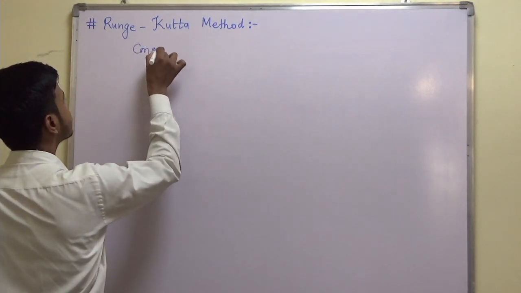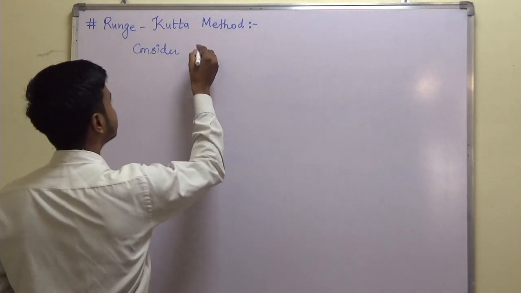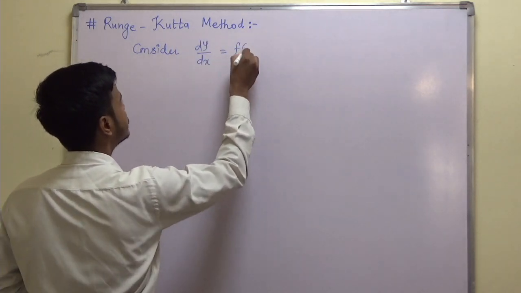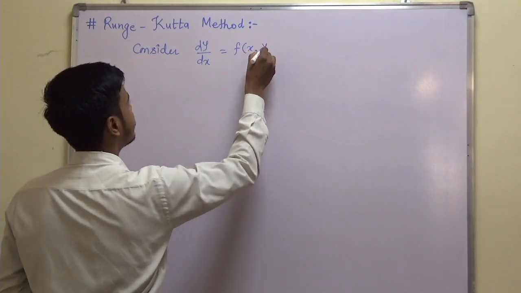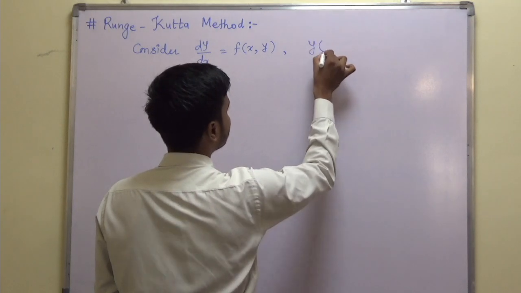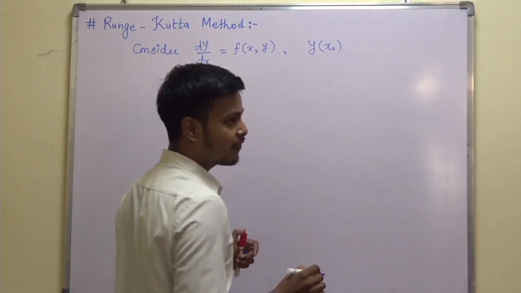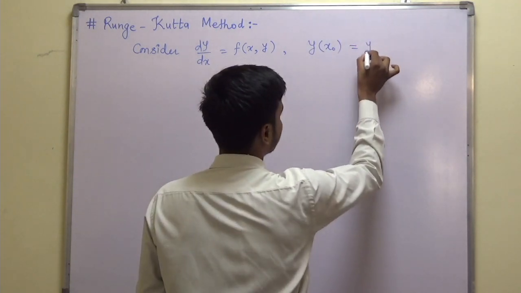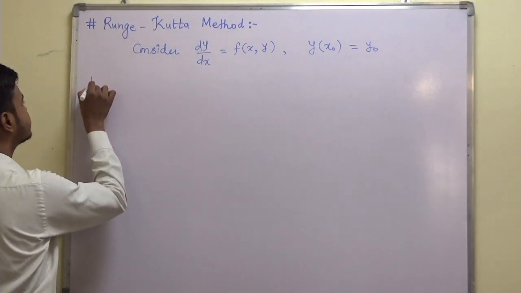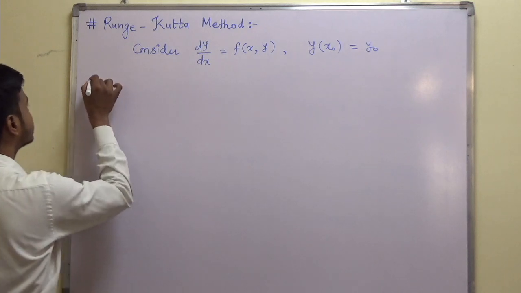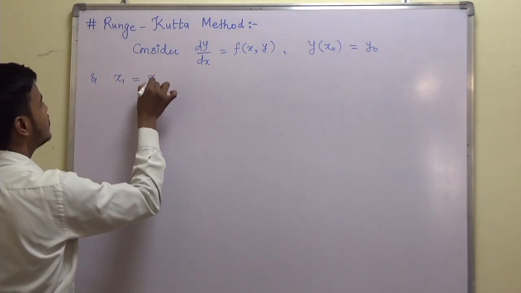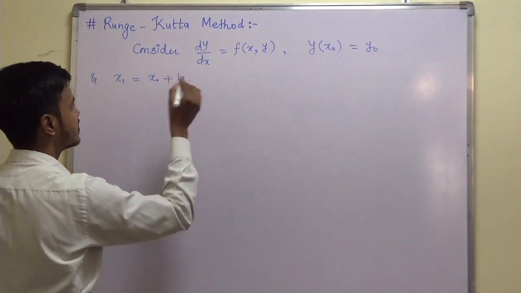Here you will have an initial value problem. Consider dy by dx is equal to f of x, y, and some initial value will also be given to you: y of x0 is equal to y0, and x1 is equal to x0 plus h.